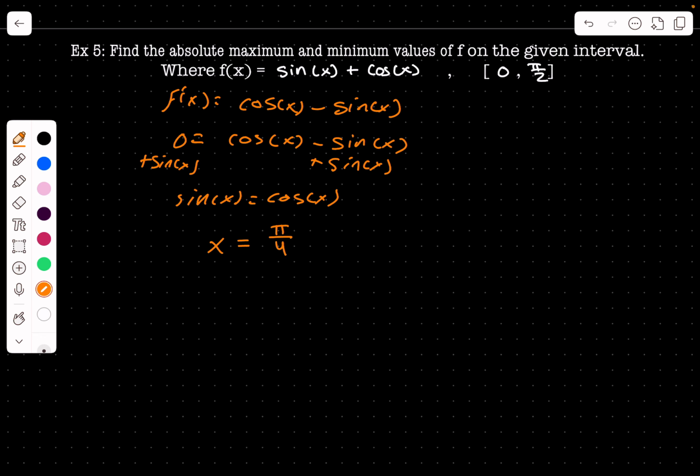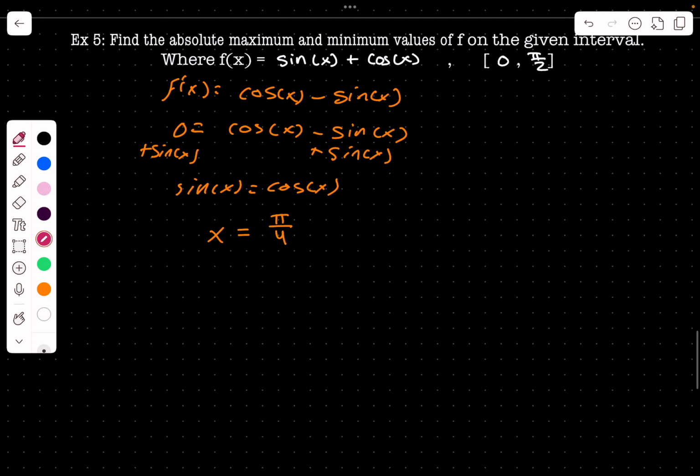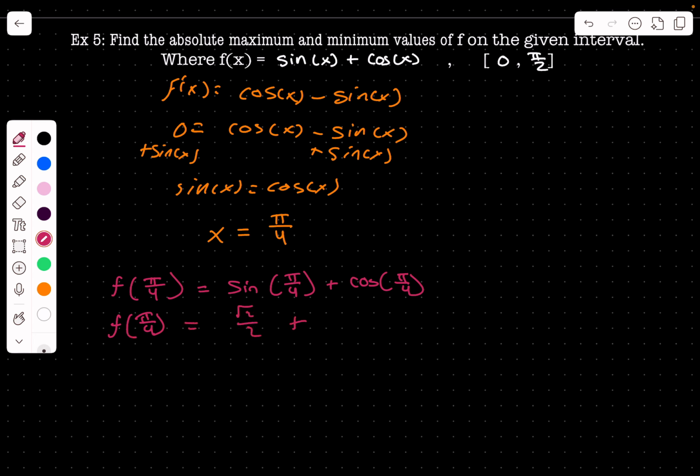So let's keep going. We know it lies in the interval, so we're not going to have to check that, right? So now we just have to plug it in. We're going to plug in our 3 values into our original function. So let's do our critical point first. Sine of pi over 4 plus cosine of pi over 4. So sine pi over 4 is just the square root of 2 over 2 plus, and then cosine of pi over 4 is the square root of 2 over 2.